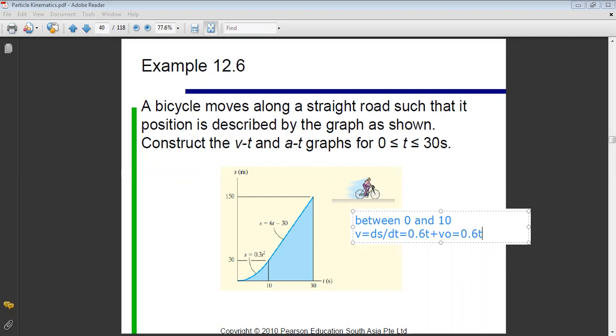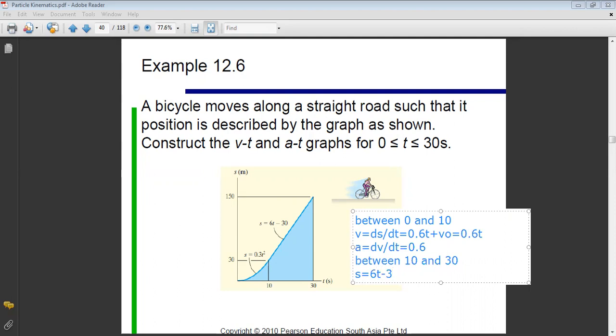And now to find acceleration, I just say that a is equal to dv by dt. If I derive v, I get 0.6. So I have now v and a for the first phase. Now I move to the second phase, between 10 and 30. Between 10 and 30, I have that s is equal to 60 minus 30.